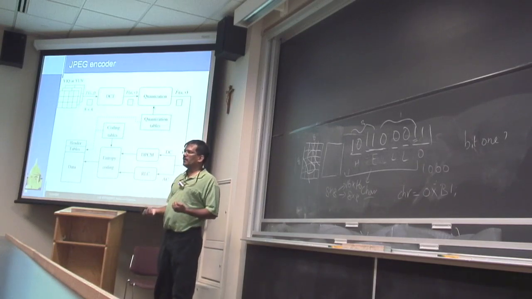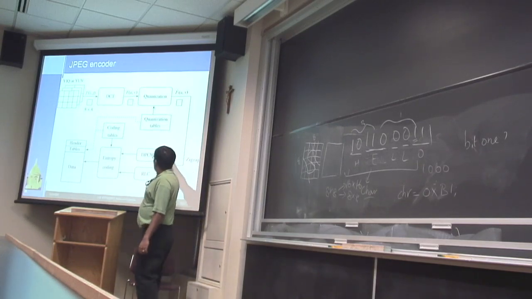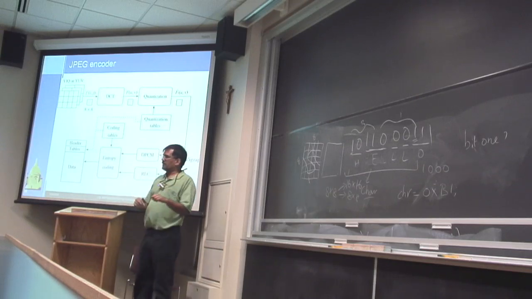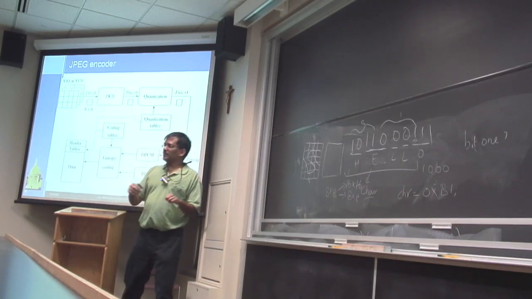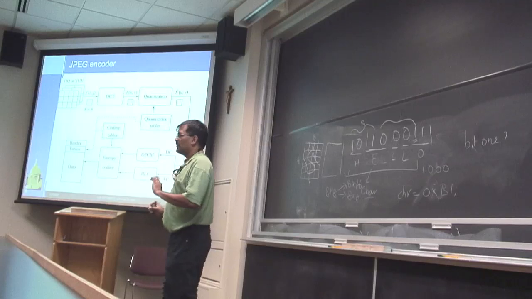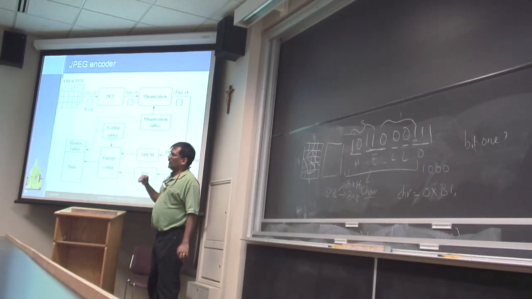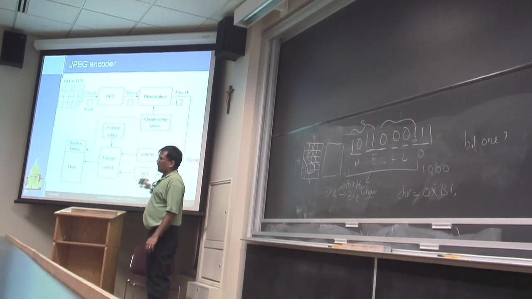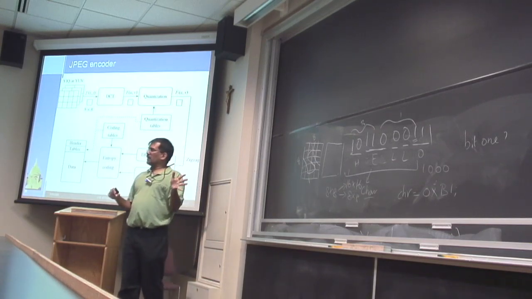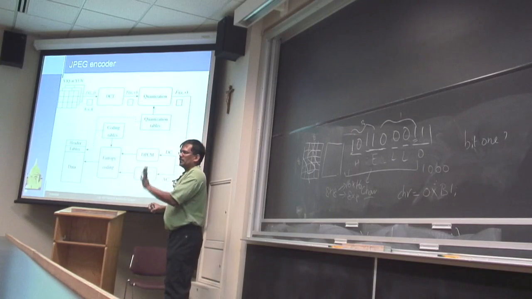Again, this helps in the Huffman coding. And then we do 2 different kinds of coding based on the 2 components: one for the DC component and one for the AC component. The reason is that the DC component is the average color of the particular block, and that tends to change a lot.